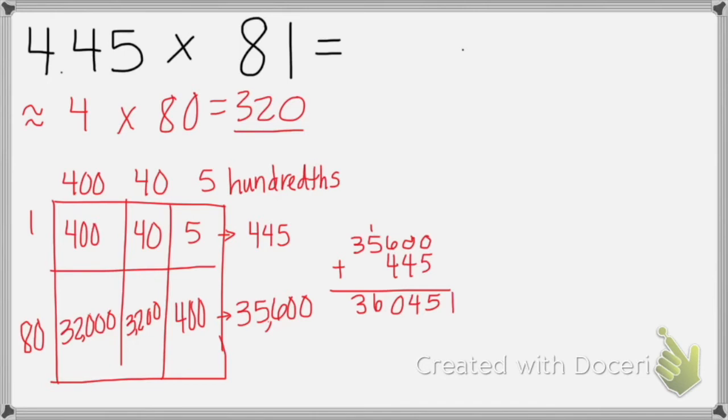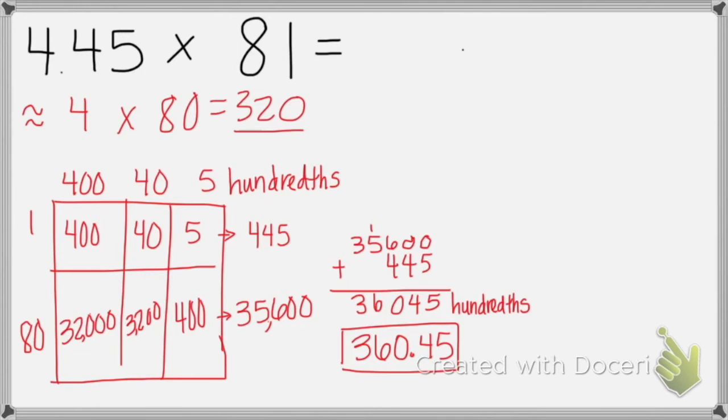It's very important that we remember we're working in hundredths. This helps me figure out that my decimal will go right here. And so I get 360 and 45 hundredths as my answer. When I compare that to my estimate, I do see that, as I predicted, my answer is a little bit larger, but it's not way off track.